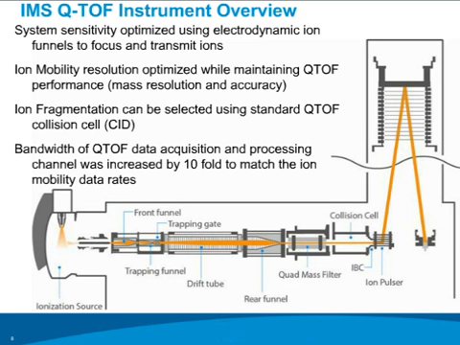Also, we wanted to optimize the performance of the mobility system independent of the mass spectrometer. That is, we've been able to obtain theoretical resolutions of ion mobility and maintain the resolution and sensitivity of the mass spectrometer without affecting either system.